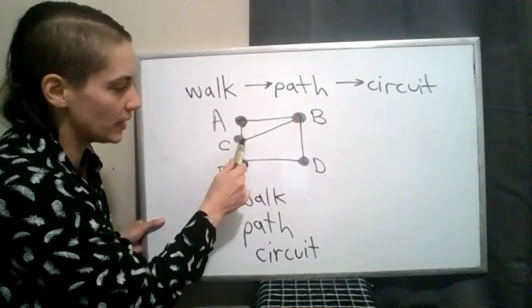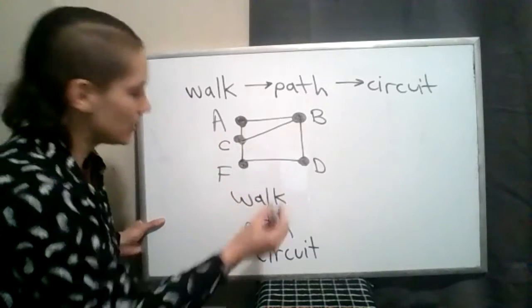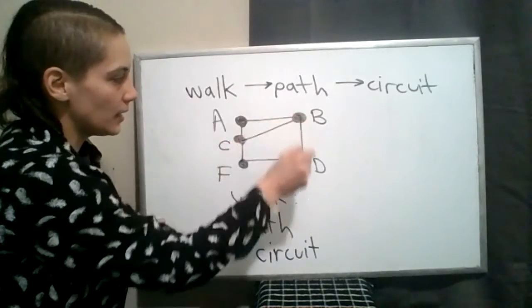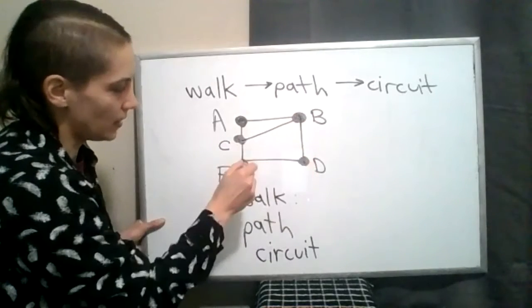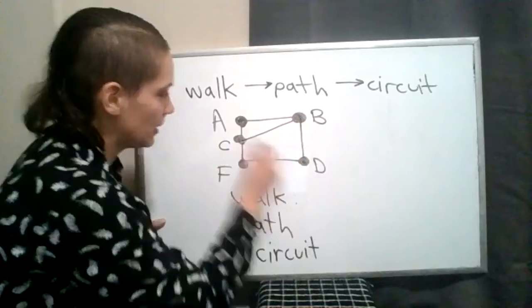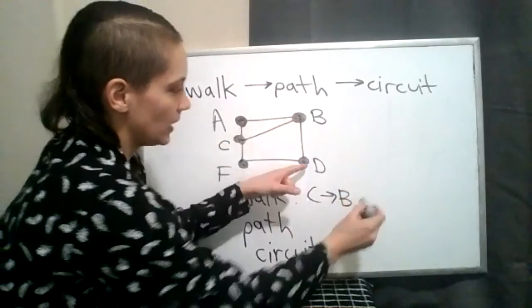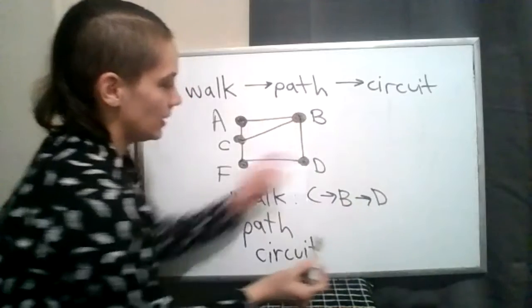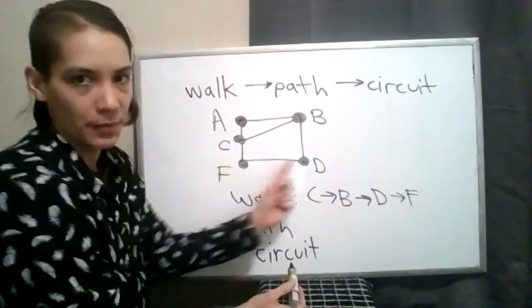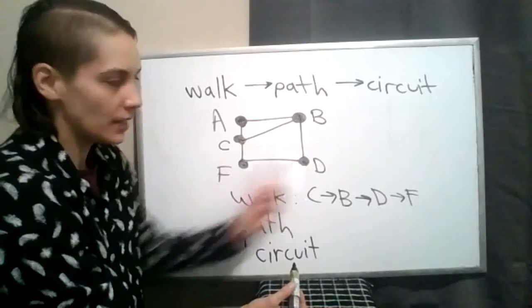You just can't make that kind of jump, like C to D. But I could go C, B, D, F, D. Just going to call that good. C to B, B to D, D over to F, and I want to send F back across that edge, which makes it a walk, which is okay to reuse an edge.